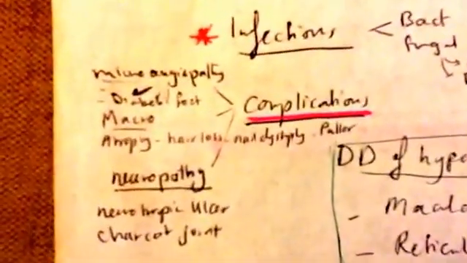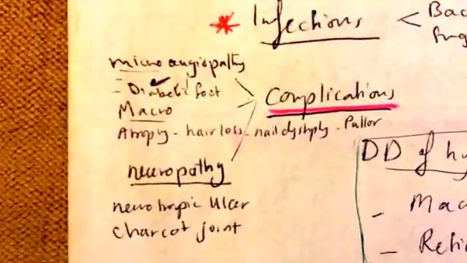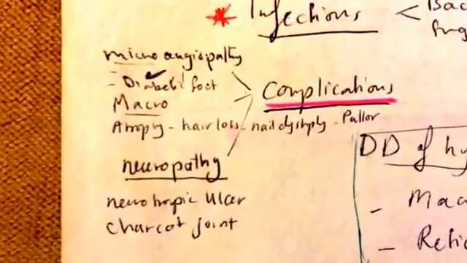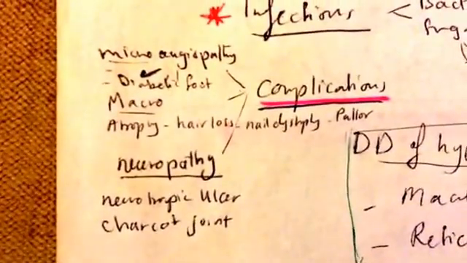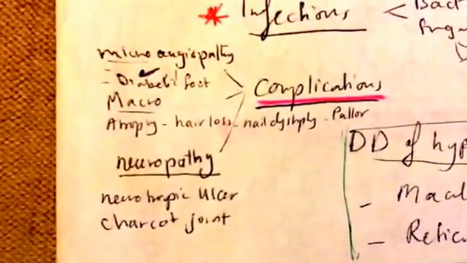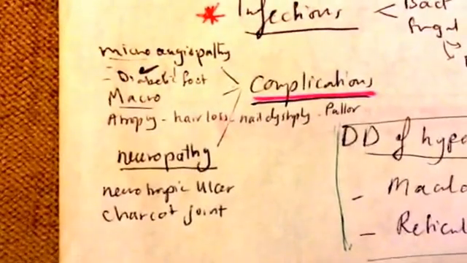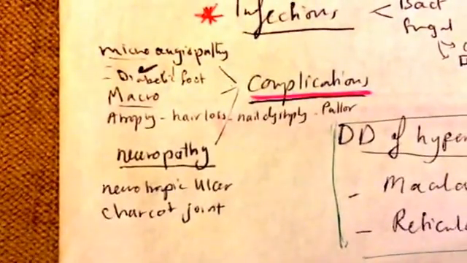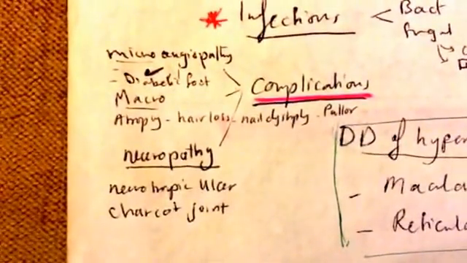Also the neuropathy, which causes neurotrophic ulcers and Charcot joint.